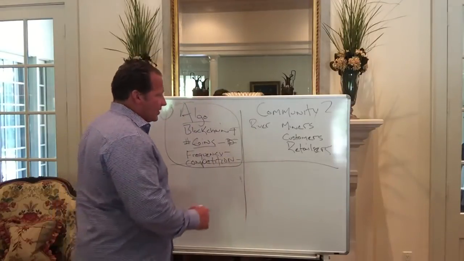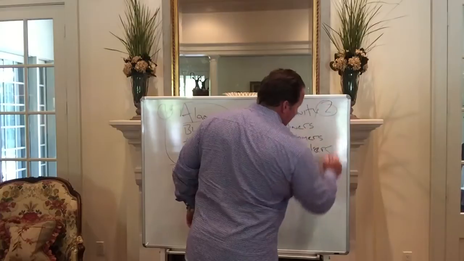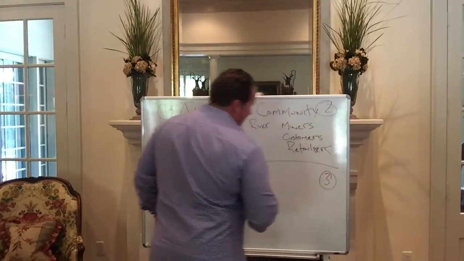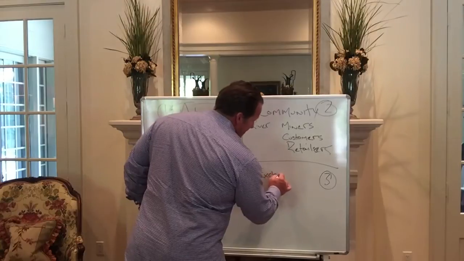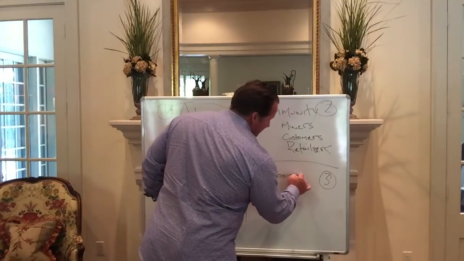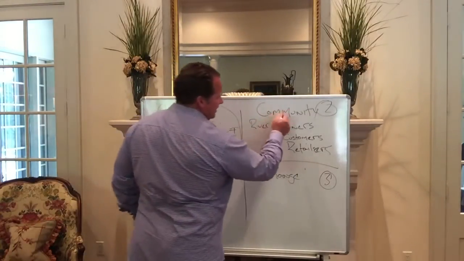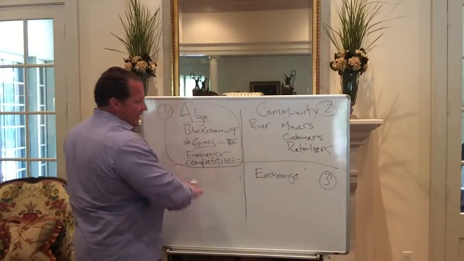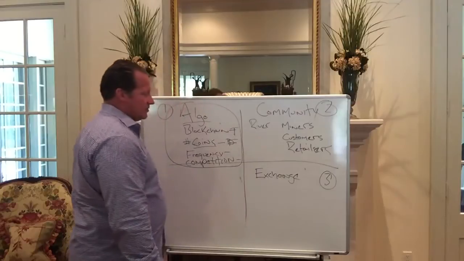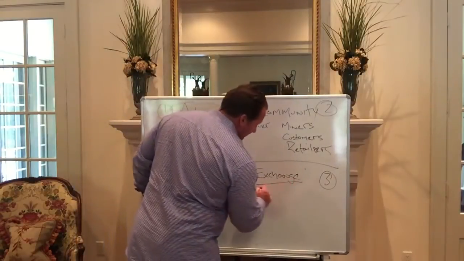Okay? The third component that you need is what I call the exchange and the e-wallet. Let's call the community a social networking community of miners. We've got our algorithm now, and now we have our exchange and our e-wallet.